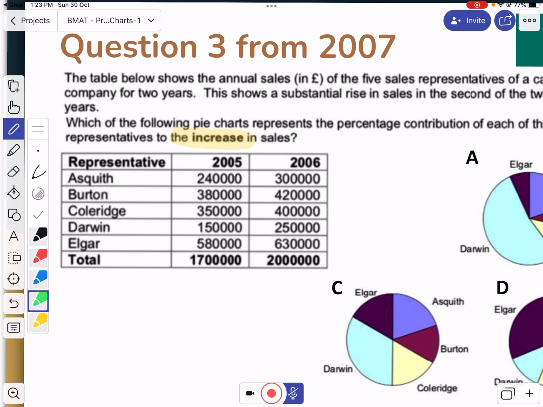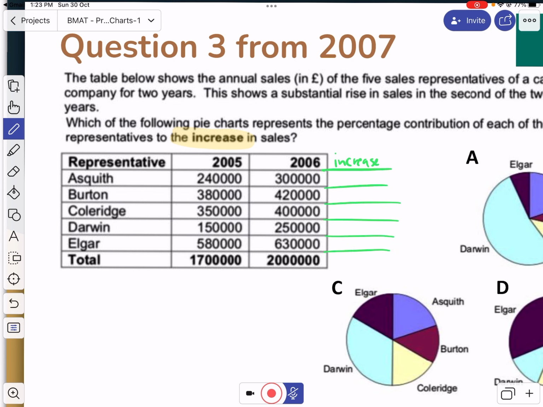So I'll first calculate the increase. Okay, so the increase here, this number minus this number, we get 60. Instead of writing 60 and then 30, I write 60K because the K is 1,000 anyway, and that saves time when you do your working out for BMAT.